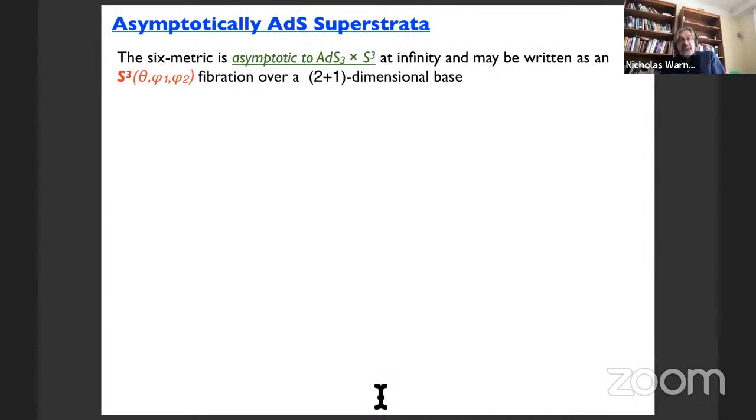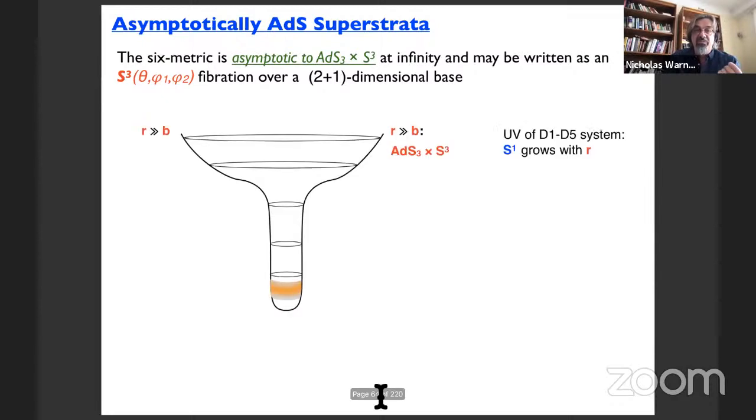Okay, so AdS superstrata, basically satisfying asymptotics of AdS3 times S3. You should think of them as really the 3-sphere fibering over some interesting 2+1 dimensional base. And we're going to really make this precise by the end. So we're going to suppress pretty much the discussion of the S3. It's going along for the ride.